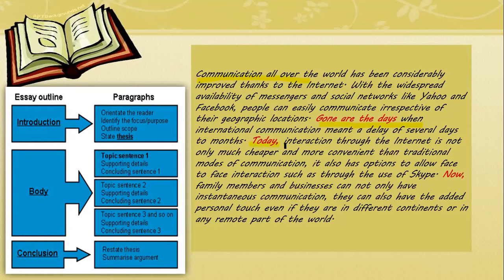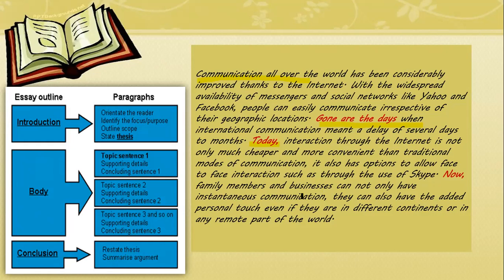Today, look at the comma, interaction through the internet is not only much cheaper and more convenient than traditional modes of communication. See how forceful the placement of the argument is. This is how you have to use your language logically so that you give your arguments forcefully.